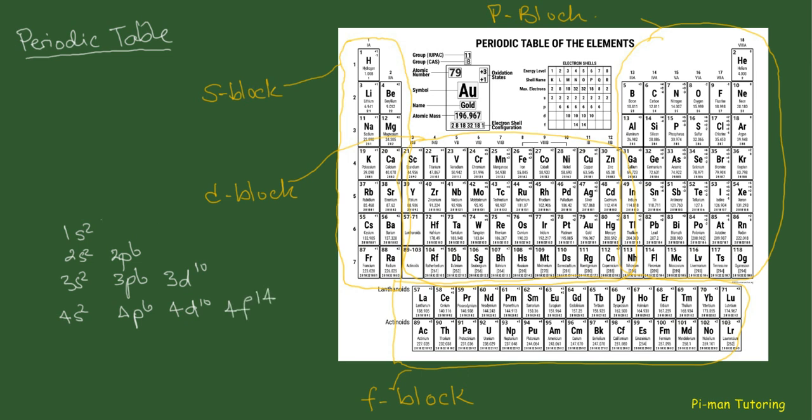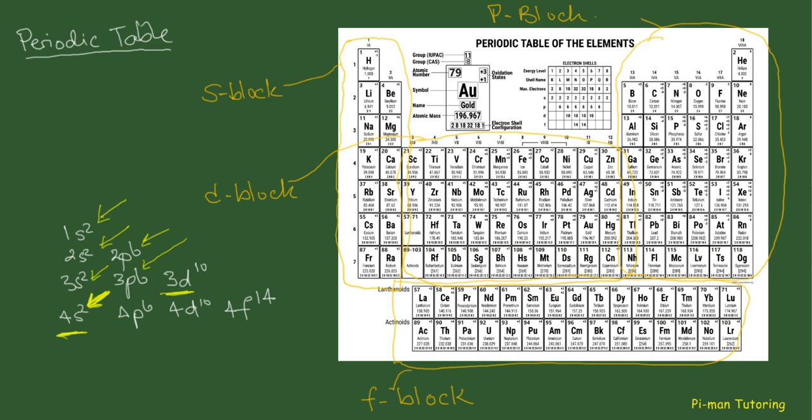Remember, the Aufbau says fill diagonally, and that all looks perfectly logical until we get to this point here where we fill 4s before we fill 3d.